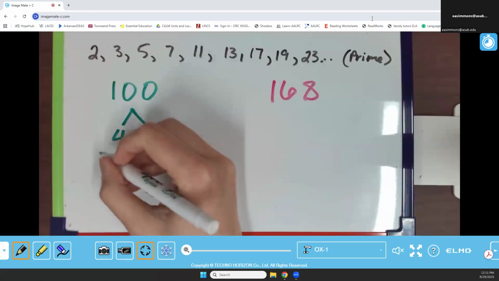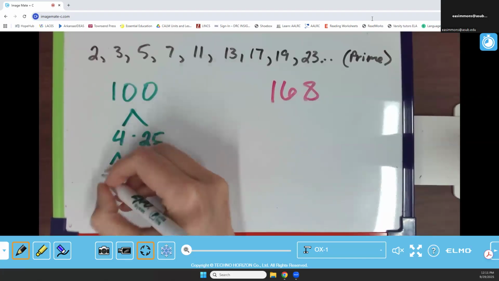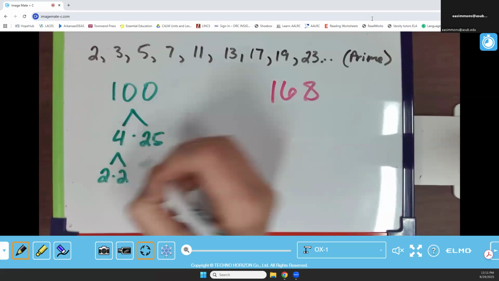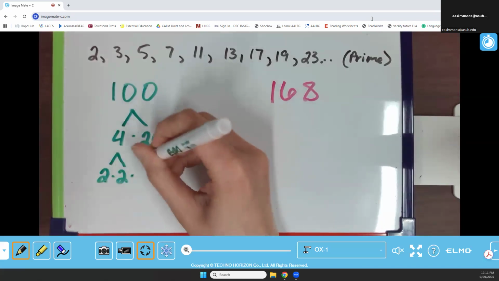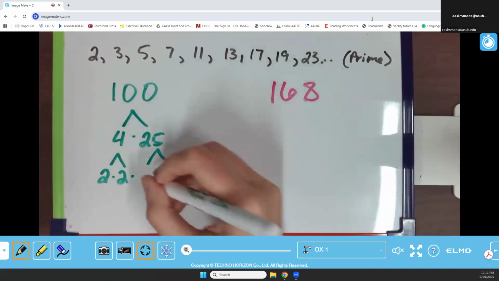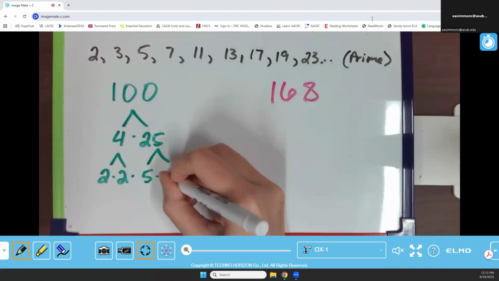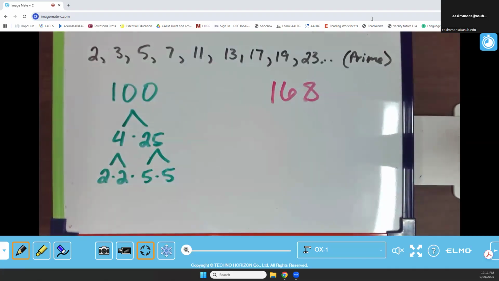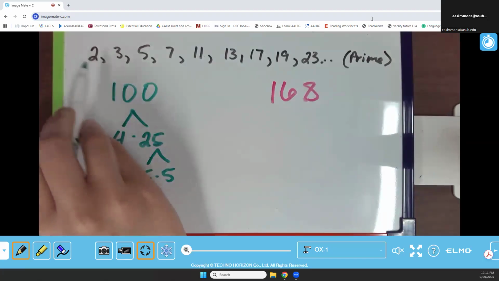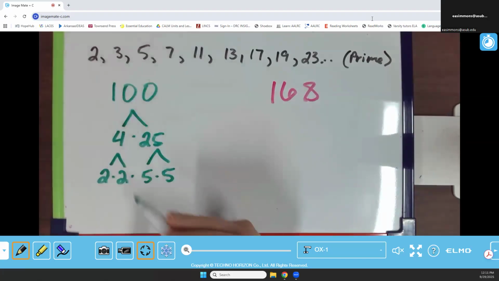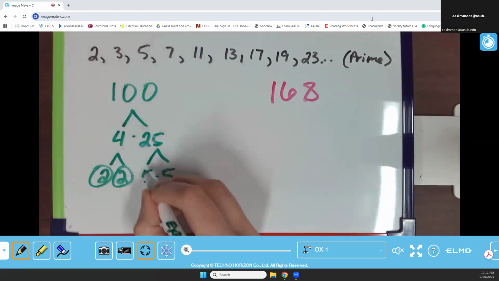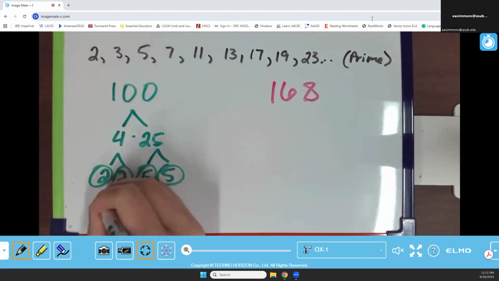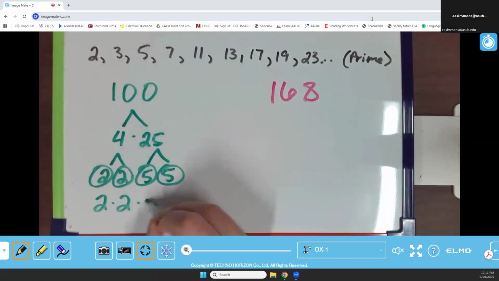They're not prime, so I'm going to break them down. 4 breaks down into 2 times 2. 25 breaks down into 5 times 5. 2 is prime and 5 is prime, so I'm going to circle those. My prime factors for 100 are 2 times 2 times 5 times 5.